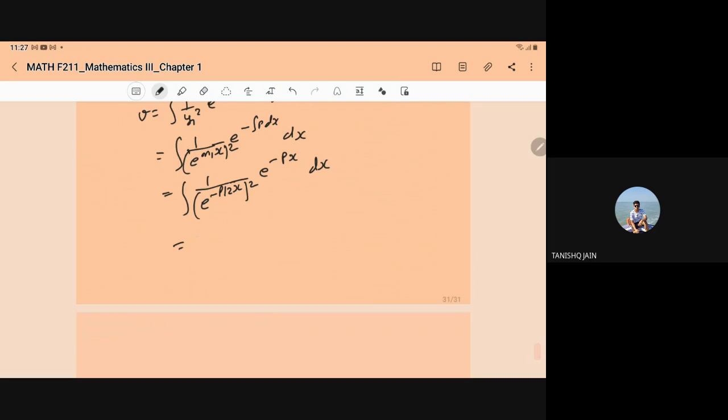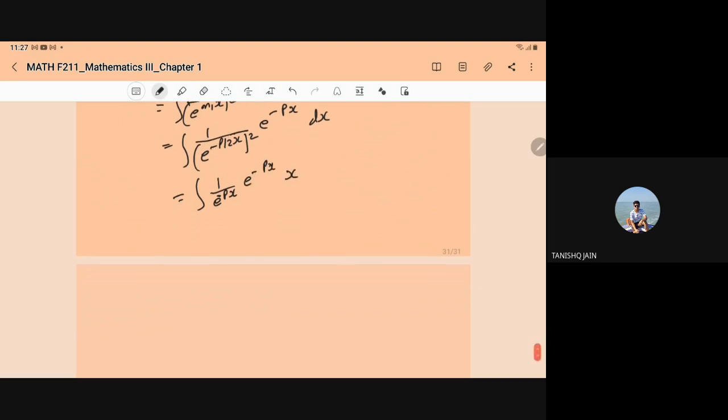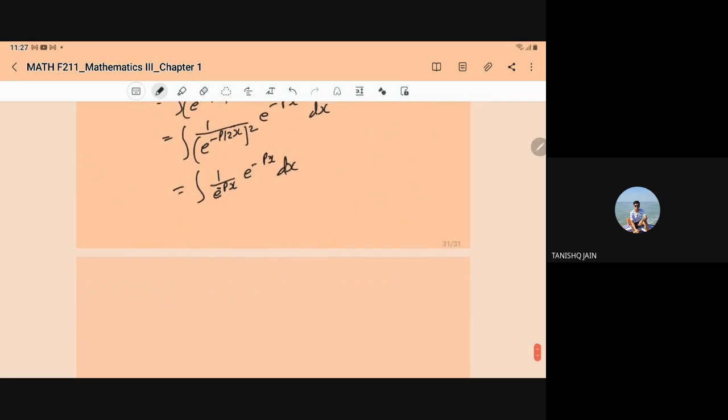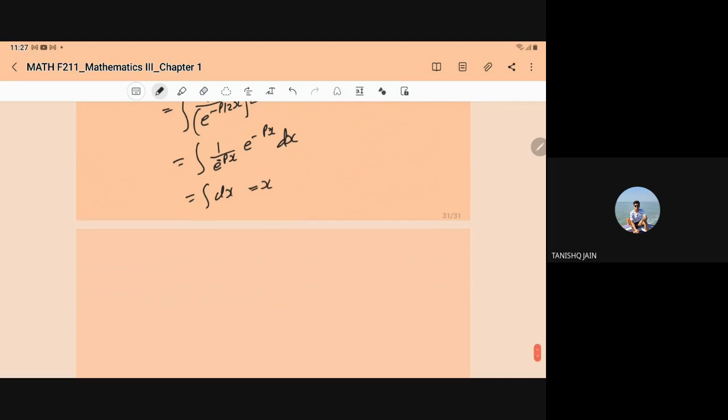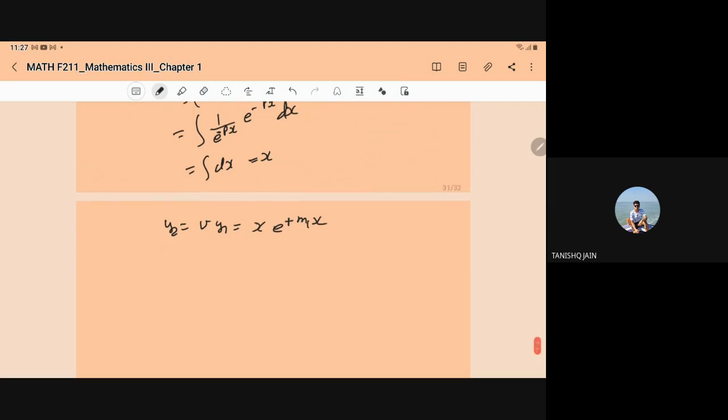So it will become integral 1 upon e to power minus px, e to power minus px into x into dx. So it will become integral dx, that is your x. So that is the v. So y2 will be v into y1, that is x e to power m1x. That is our y2.